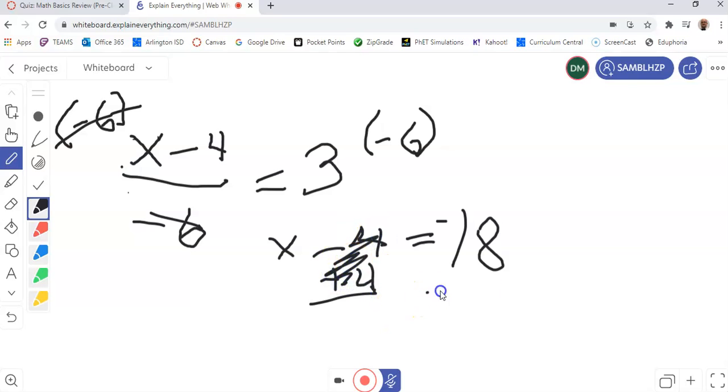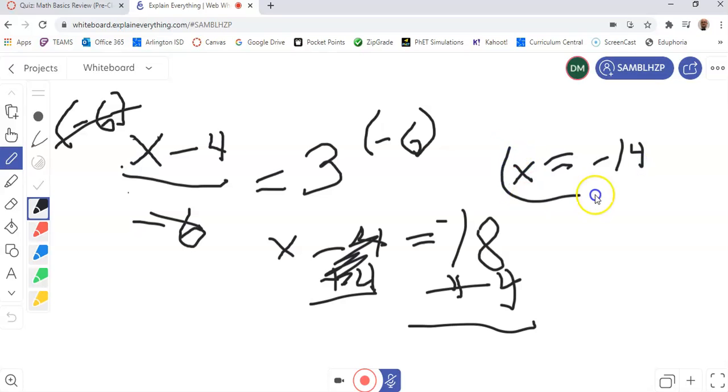Negative 18 plus 4 is negative 14. So x in this situation would be negative 14. Simple algebra, manipulating variables, shouldn't be too hard. We've done this before.